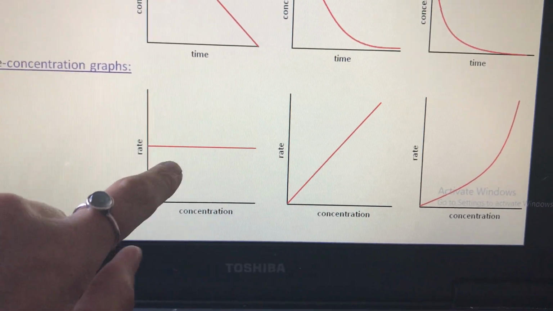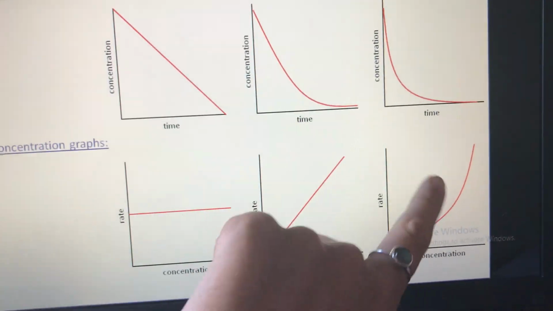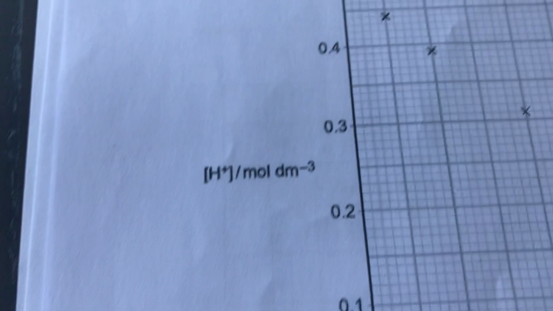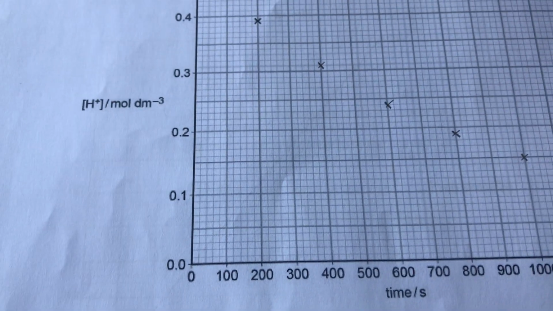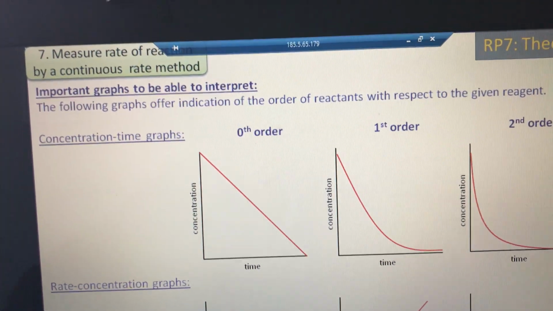This is the shape for 0 order, this is the shape for first order, and this is the shape for second order. But this is not a rate concentration graph, this is a time concentration graph. And they look like this, okay?